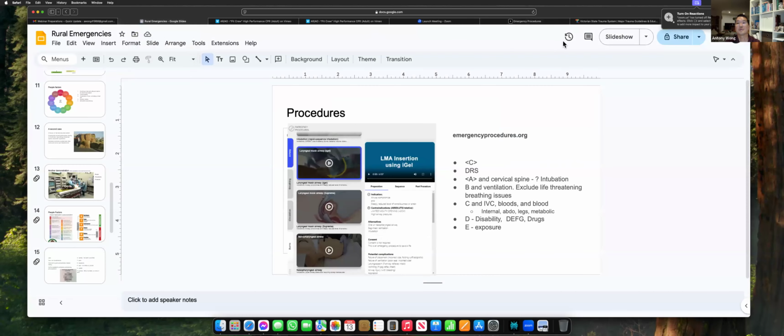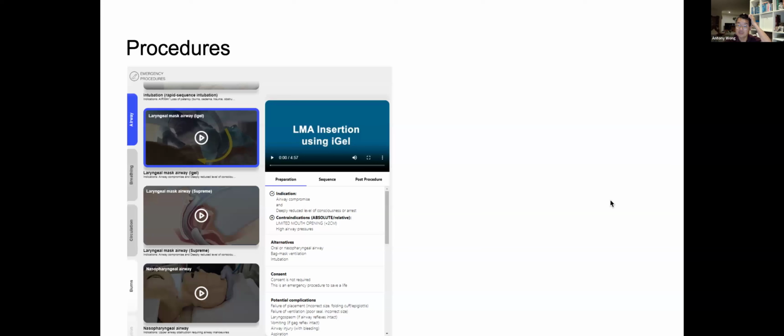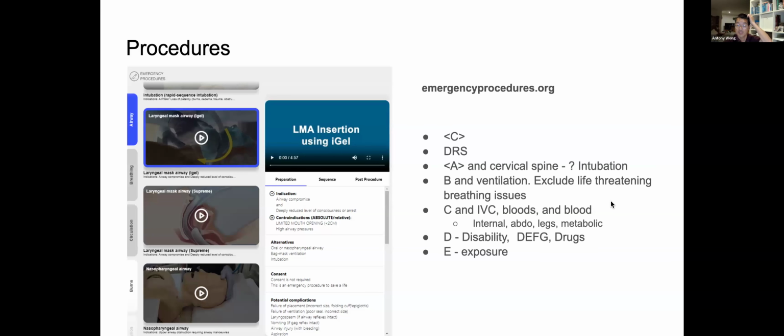Okay, so going back to the slideshow. With here, again, C, doctors A, B, C, D, E. And before we leave circulation, always think about where the areas of big blood loss are, the legs, into the abdomen and the chest and the long bones.